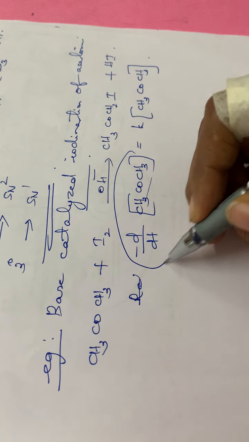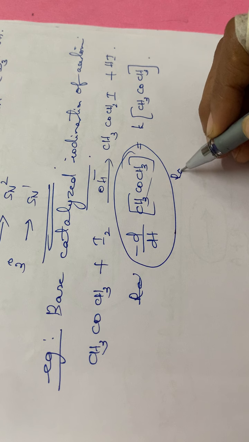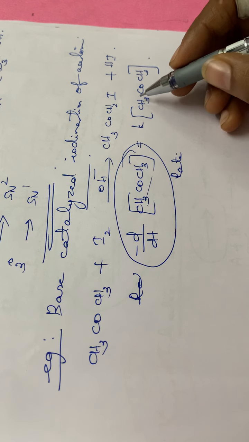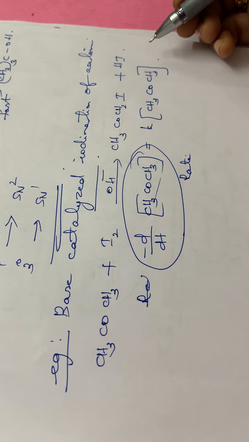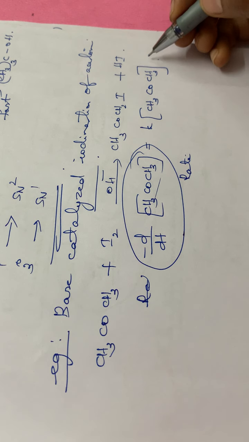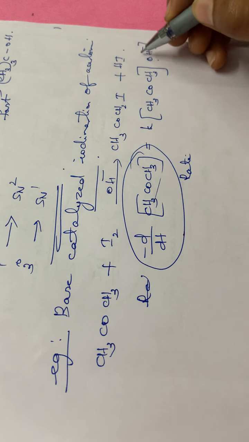Instead of this we can put it as rate. Okay, the rate is equal to K into the concentration of CH3COCH3 and OH minus.